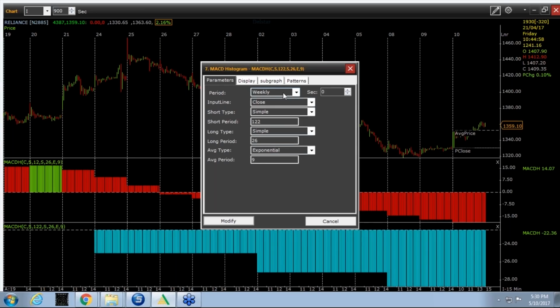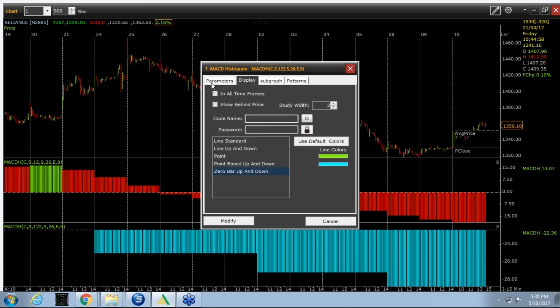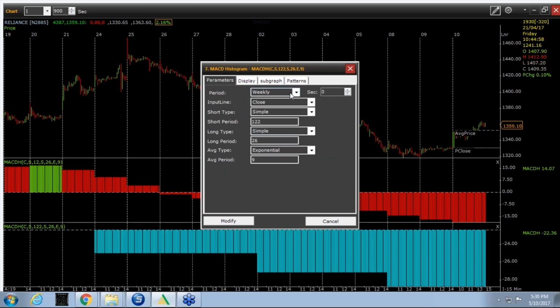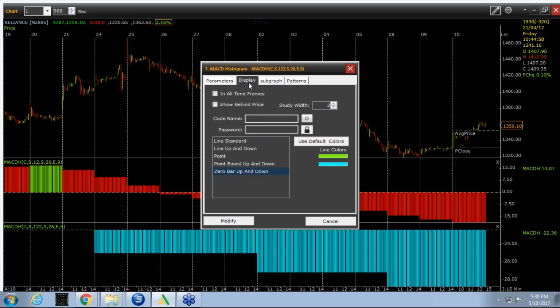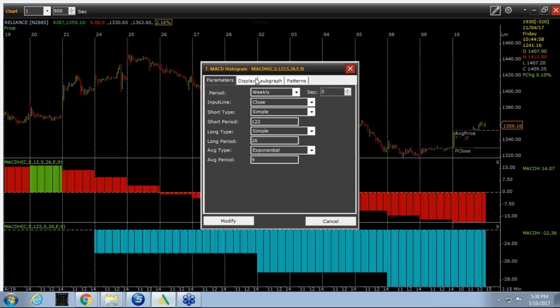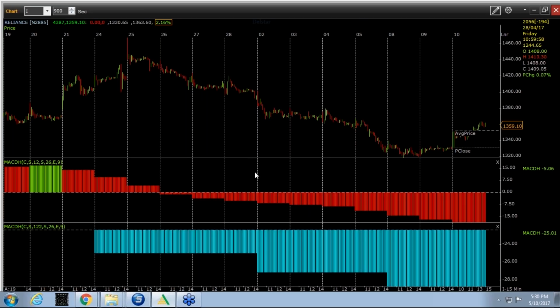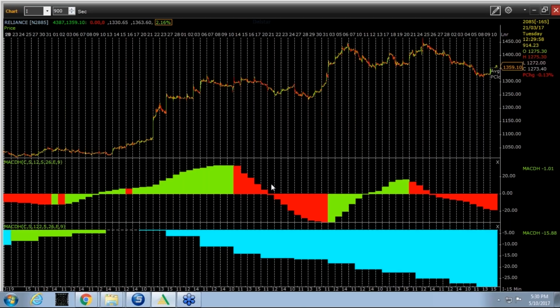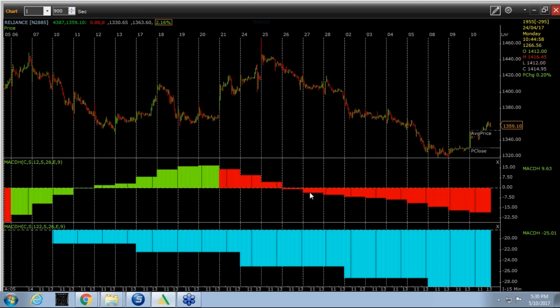This is not coming. No, weekly would not come because that would require too much data. You can have a daily on this, because weekly you'll have to look at the other way. So you can have it on a daily chart.